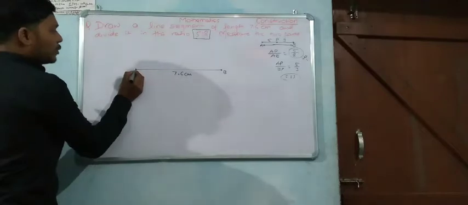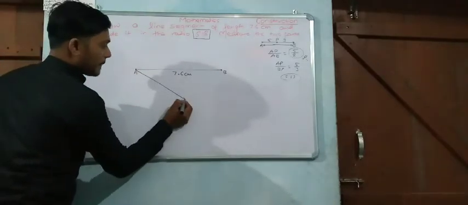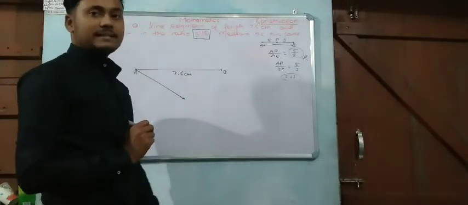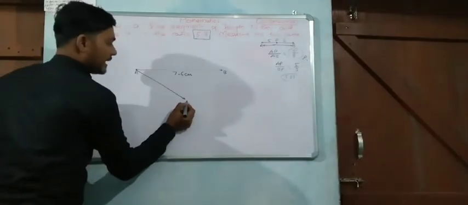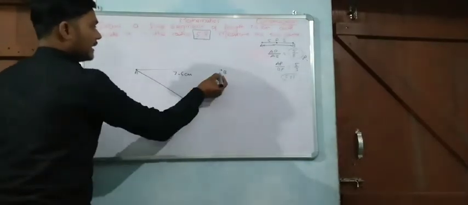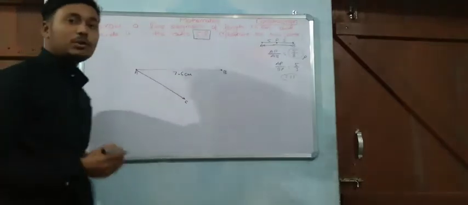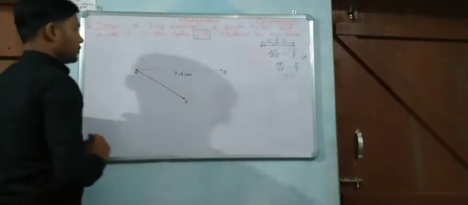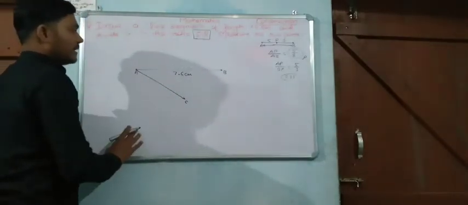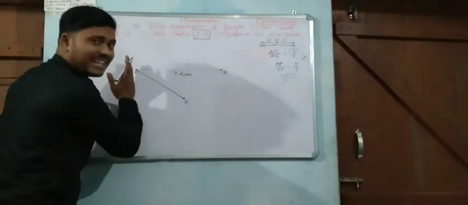So I make an acute angle and name it C. Here BAC is an acute angle, less than 90 degrees.